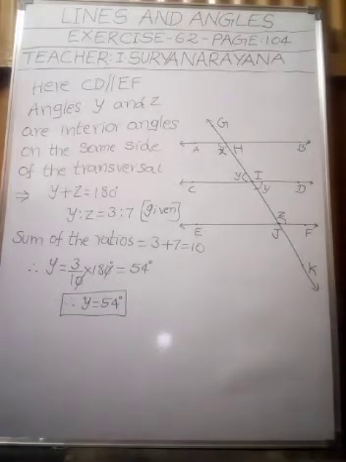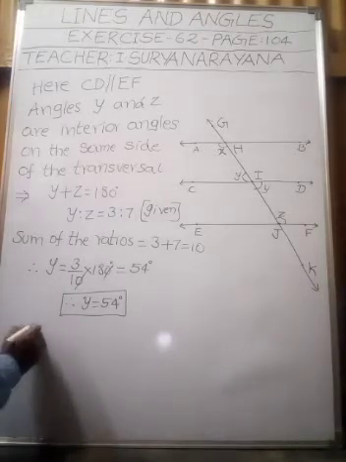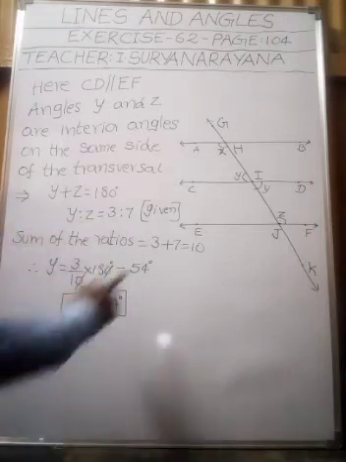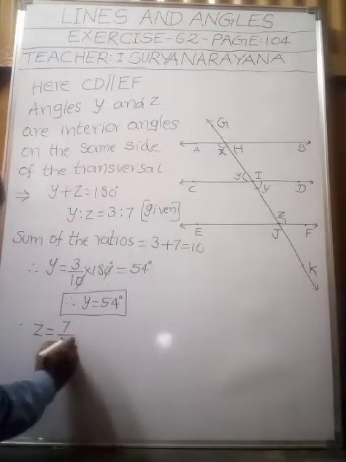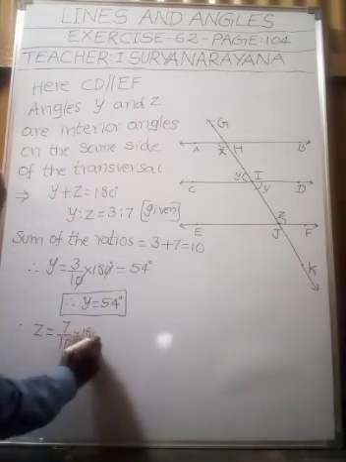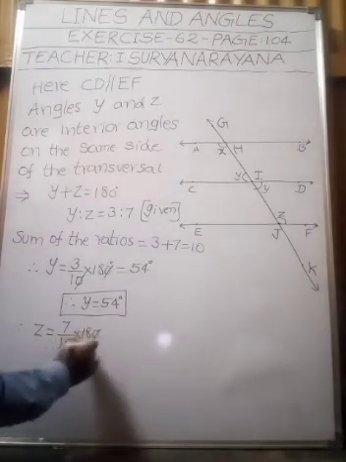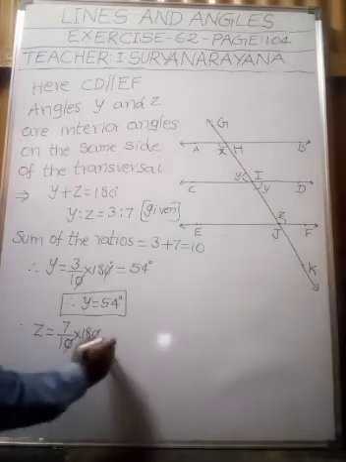We got here the Y value. Let us find the Z value. Therefore Z is equal to 7 by 10 into 180. 10 table here.